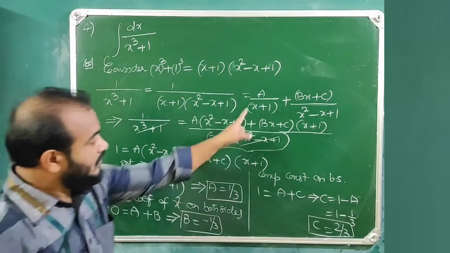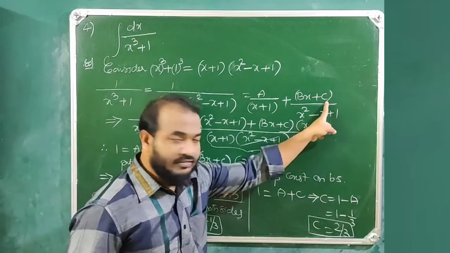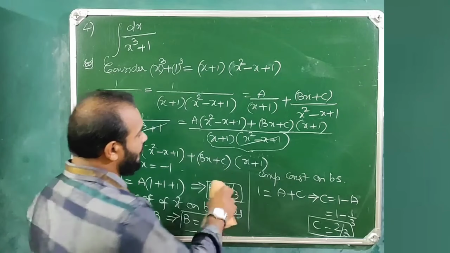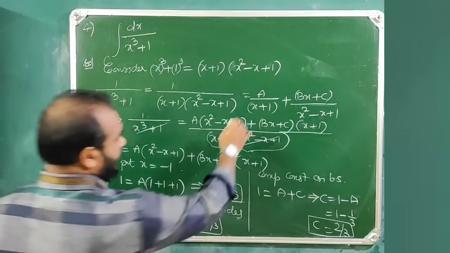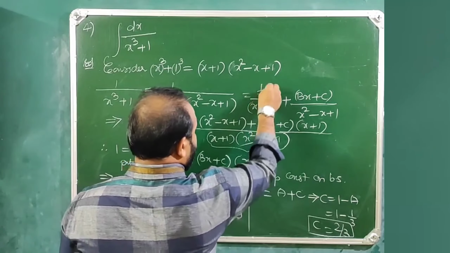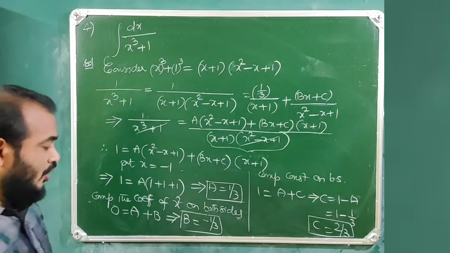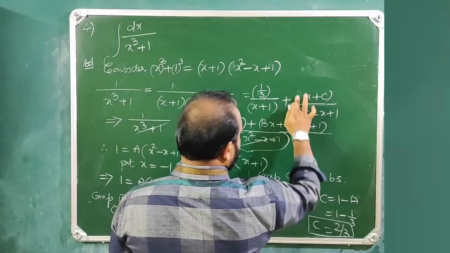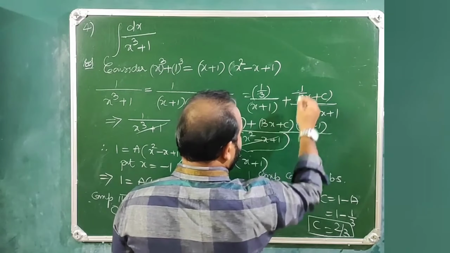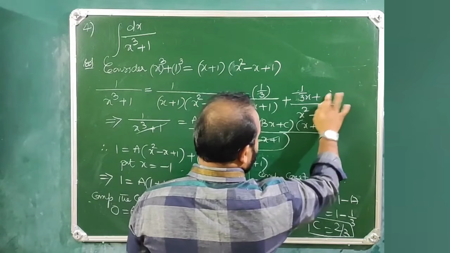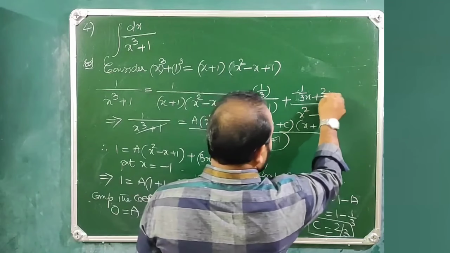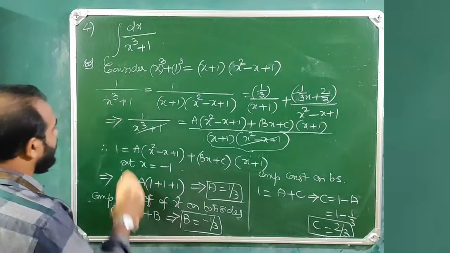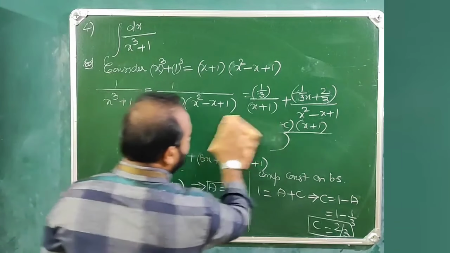So let us substitute the a, b, c values which we have got so far. The value of a is 1 by 3, the value of b is minus 1 by 3, and the value of c is 2 by 3. So this is what we have got so far.